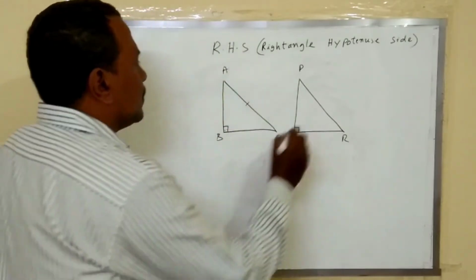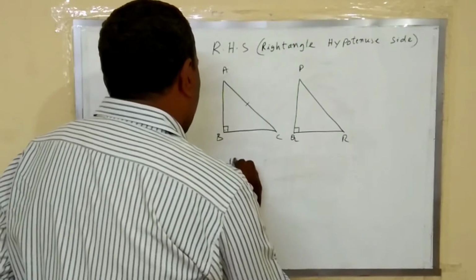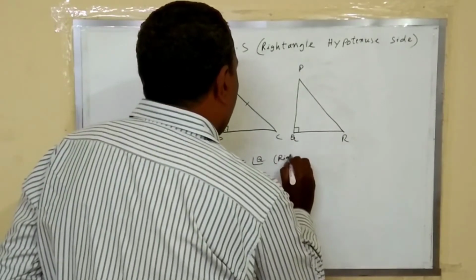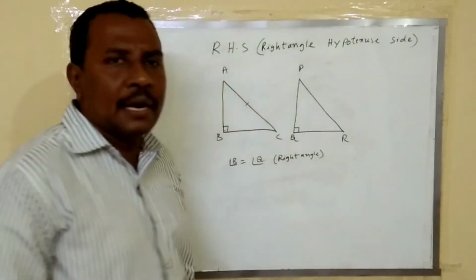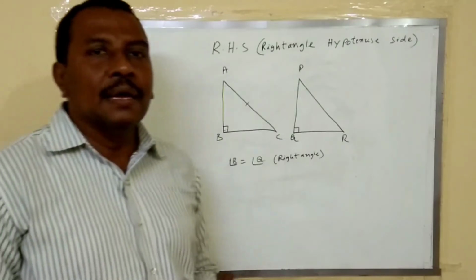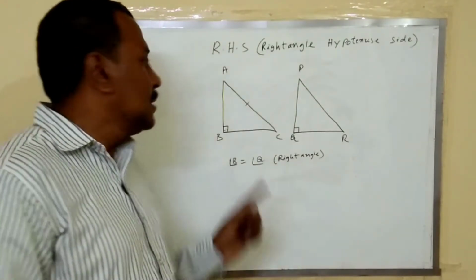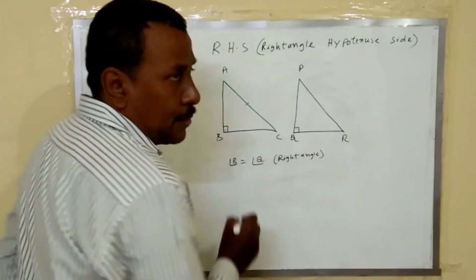Here, first of all, we compare the right angles. Angle B is equal to angle Q, the right angle. Naturally, all right angles are equal. Why? A right angle measures exactly 90 degrees, so 90 degrees is equal to 90 degrees. The second one is the hypotenuse.